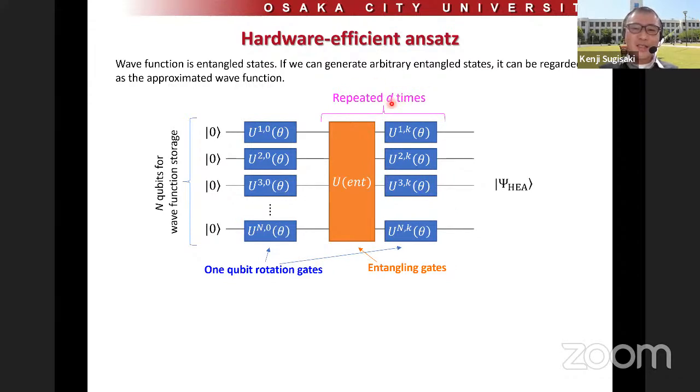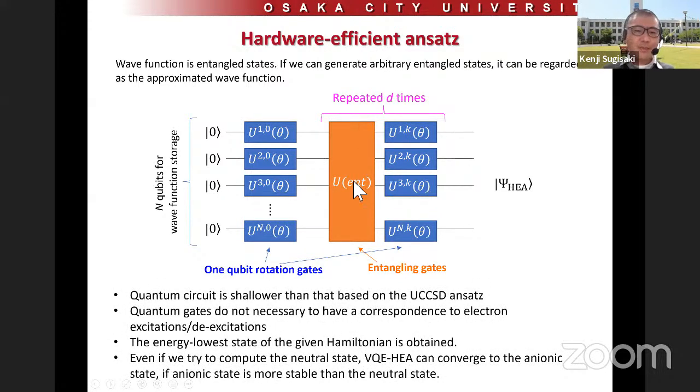D is usually called the number of layers. So if we apply this gate sequence 2 times, this corresponds to a 2-layer hardware-efficient ansatz. Usually the circuit is shallower than that based on the unitary coupled cluster ansatz.